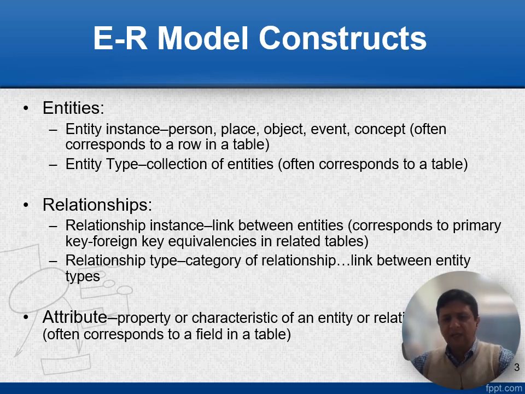So to summarize this concept of entity, number one, the instances or the objects which are there and whose data we want to store in the database would be identified, and then their types would be identified, because while we are designing, the data structure would be designed in classes or groups or types.